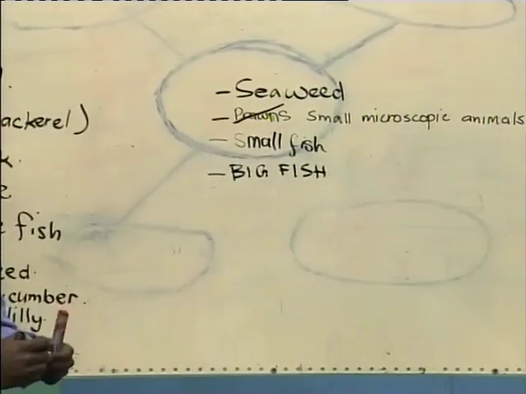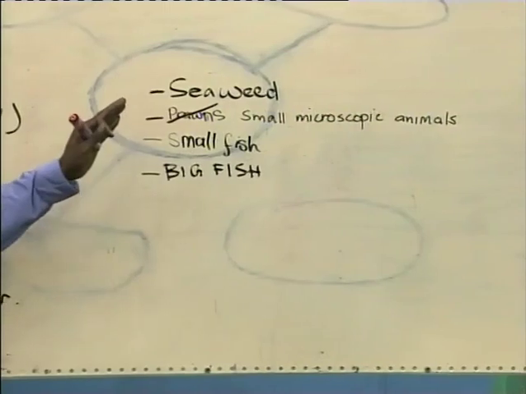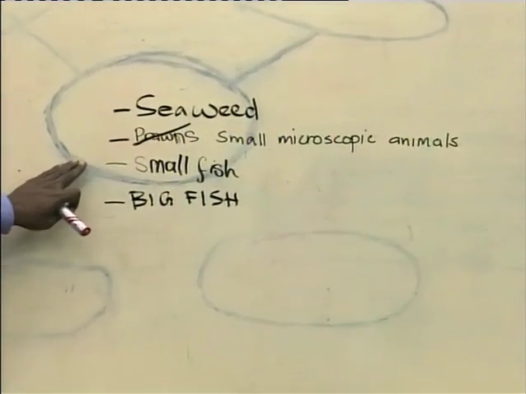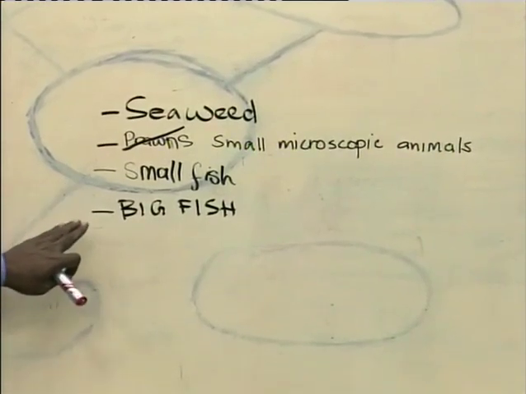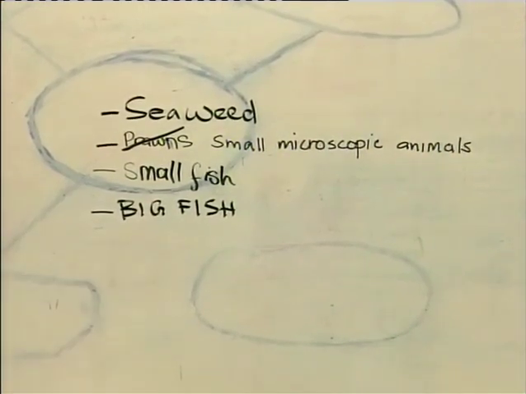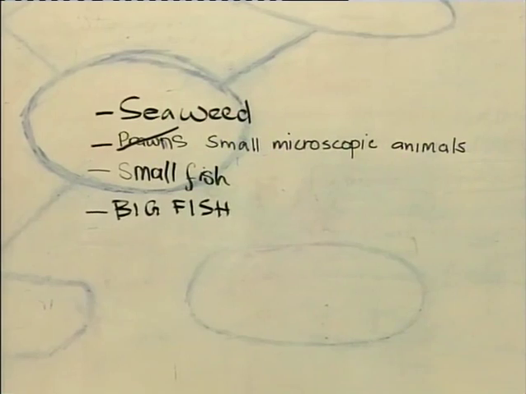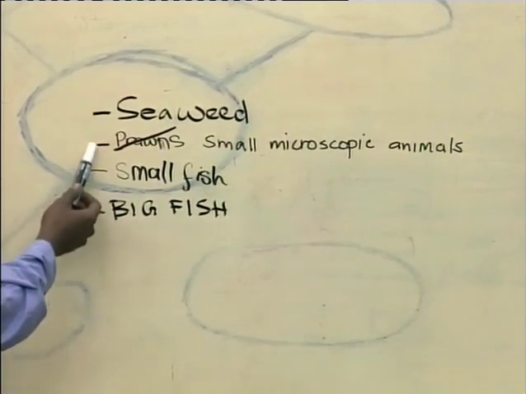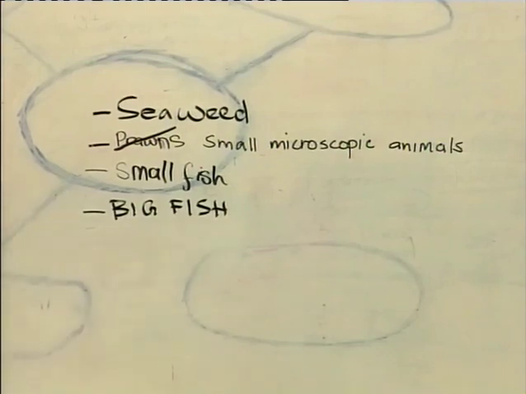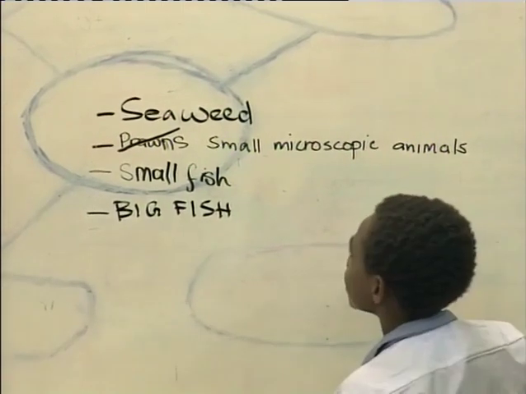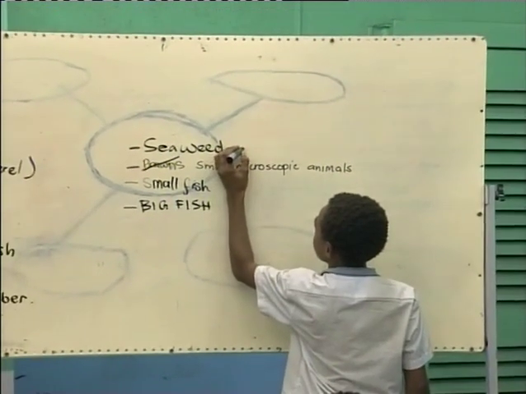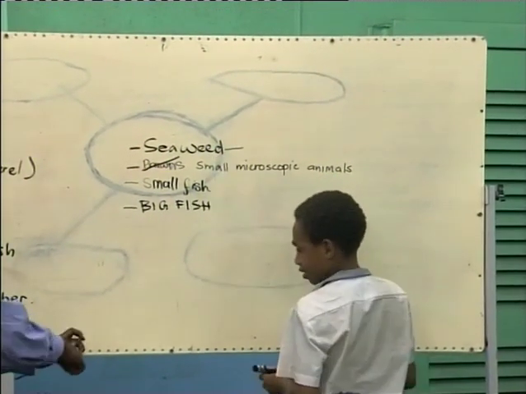Good. Now we have the list there. We had seaweed, the small microscopic animals, small fish, and big fish. Michael is going to draw up a food chain now using all these animals. 1, 2, 3, 4. Those 4 animals. Is this one for you?